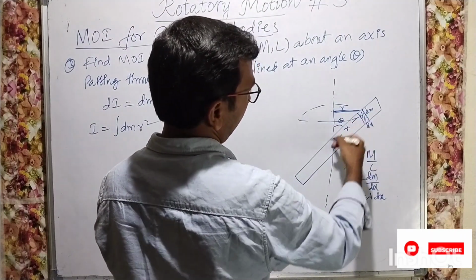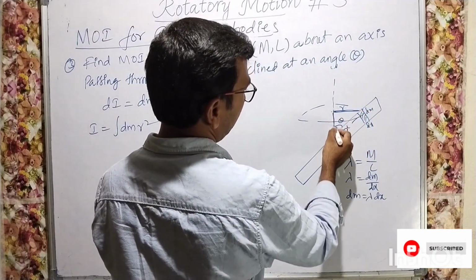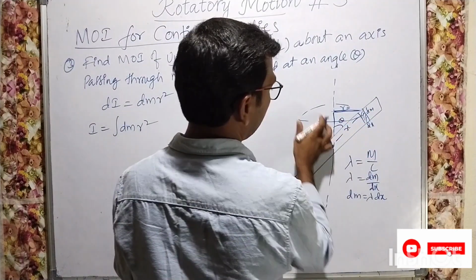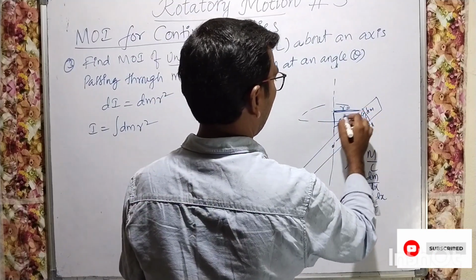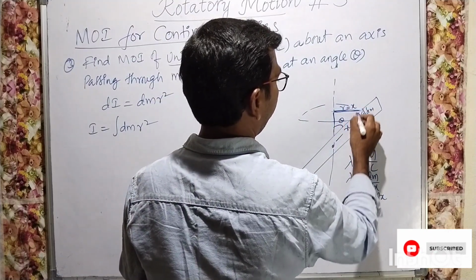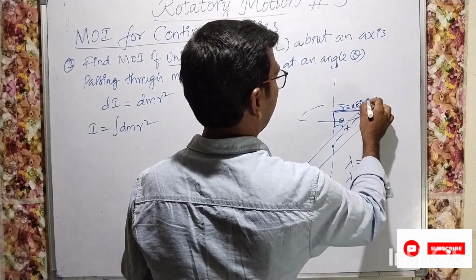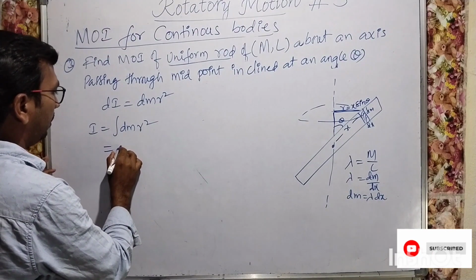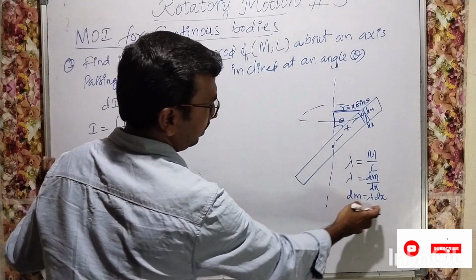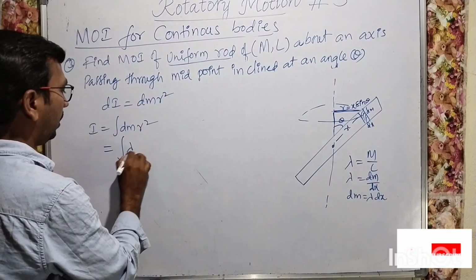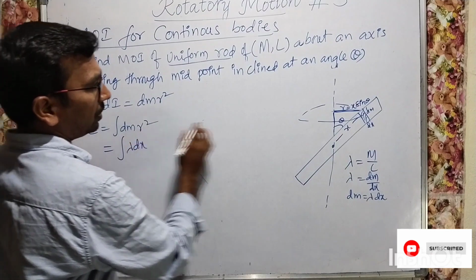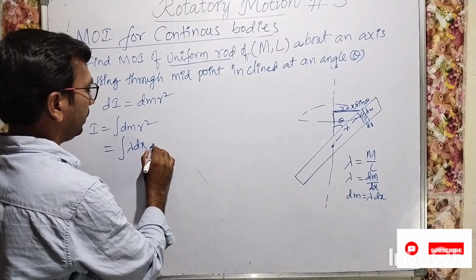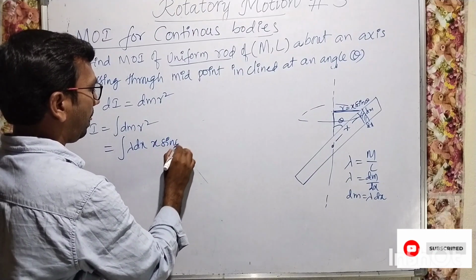So this is the length along the incline, this is L cos theta. So here r is equal to x sin theta. This is x cos theta, and the other one with theta is x sin theta. So here r is equal to x sin theta. So integration of dm r square: you can substitute lambda dx, and for r you can write x sin theta whole square.